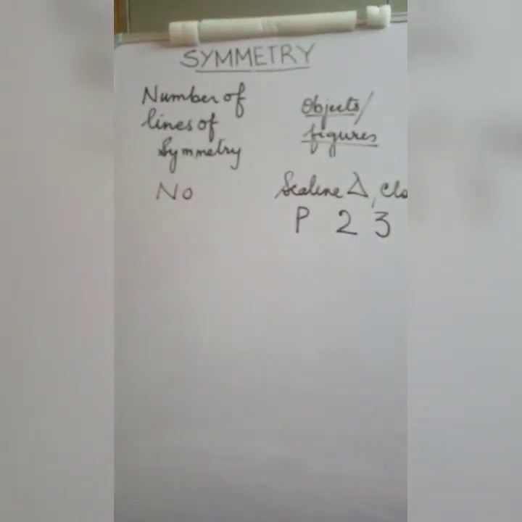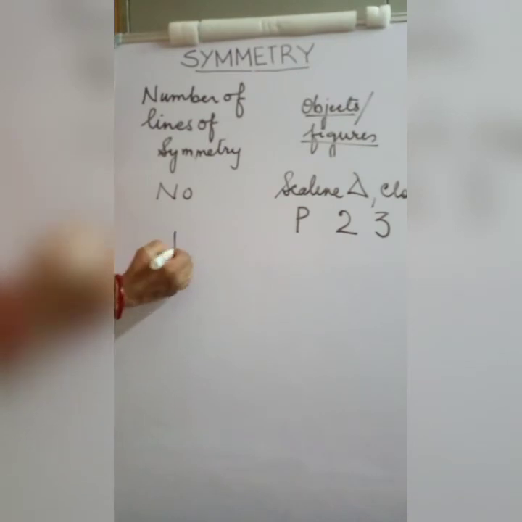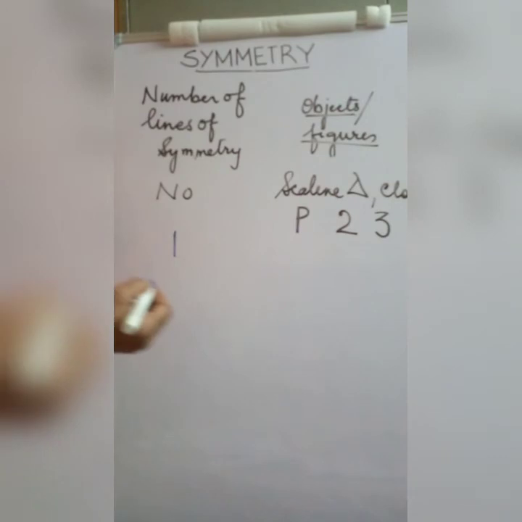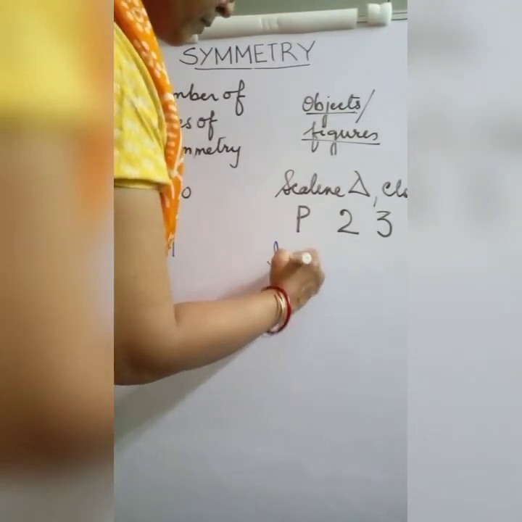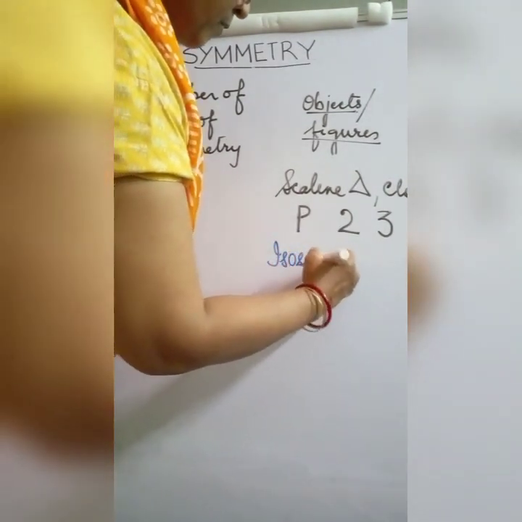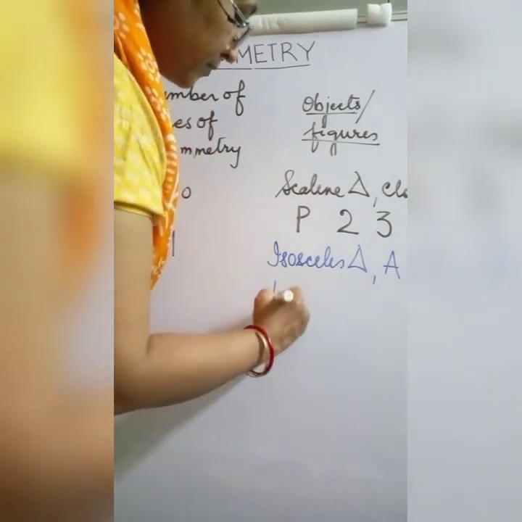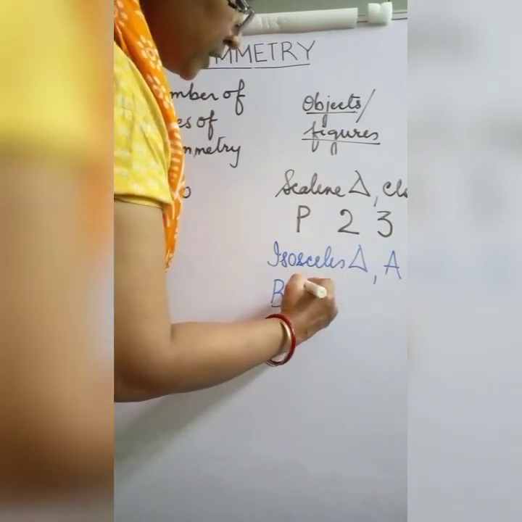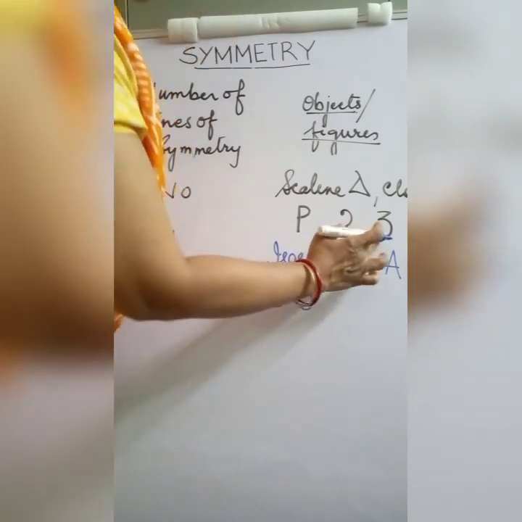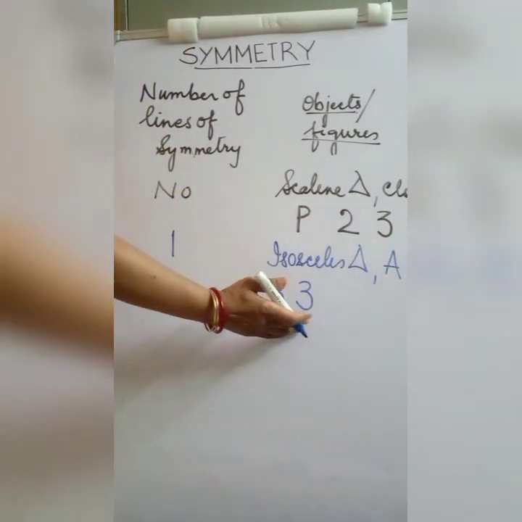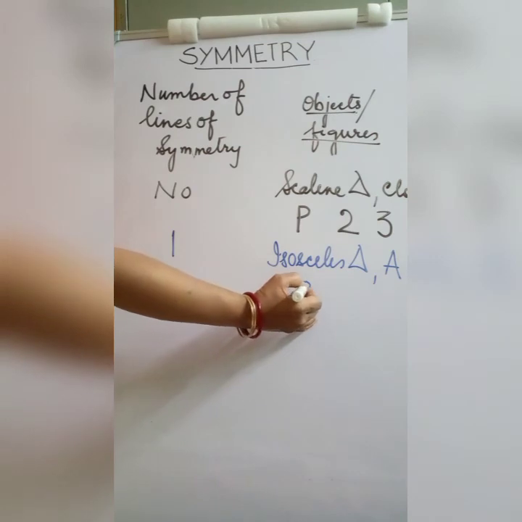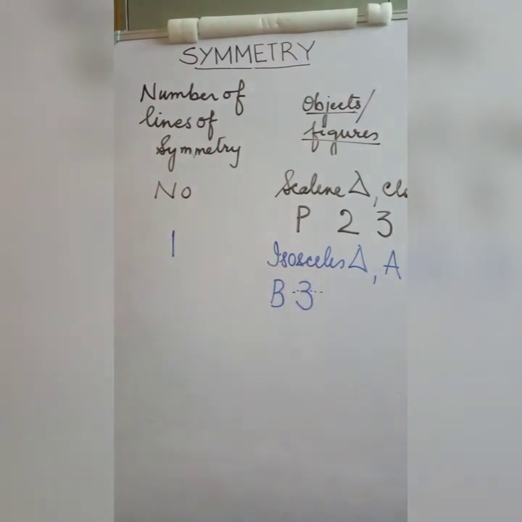When one line of symmetry is there, we can say isosceles triangle ABC, written like this, no line of symmetry. Written like this, one line of symmetry. Then 2 lines of symmetry.